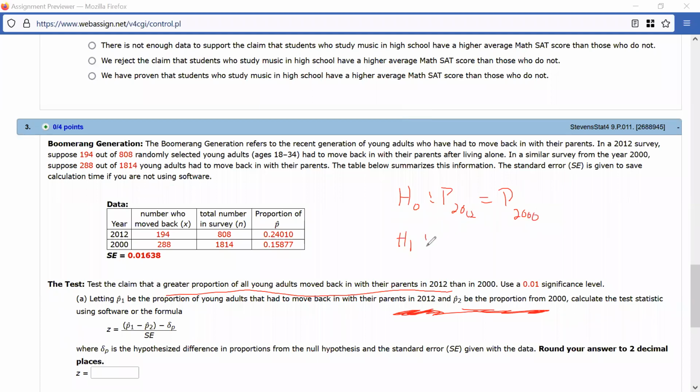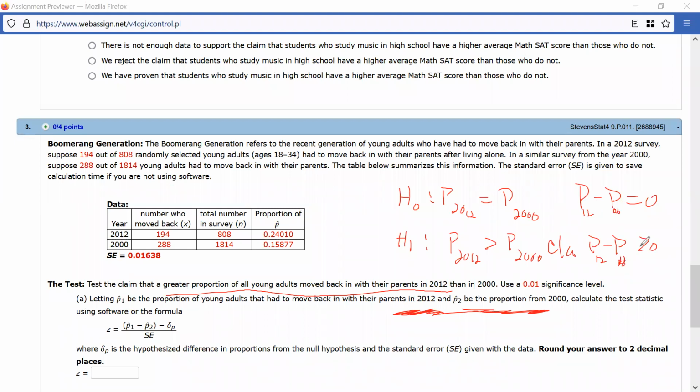And then H1 will be P of 2012 is greater than the proportion back in 2000. That's the claim, okay? And again, you can always say P minus P equals 0, and P minus P is greater than 0. That's how WebAssign does it, with 2012 and 2000.